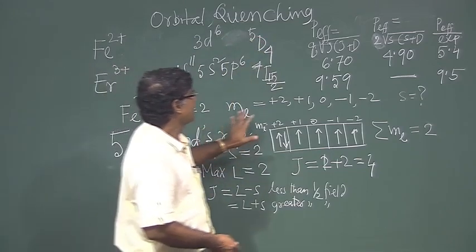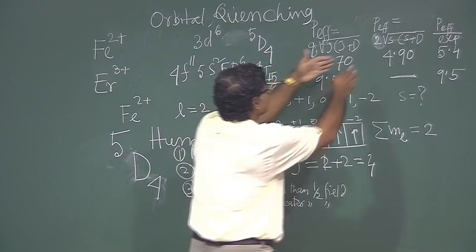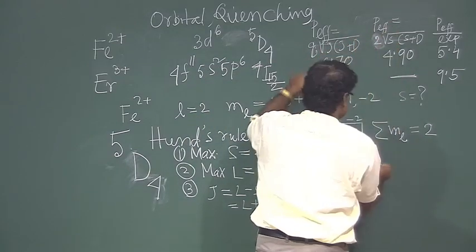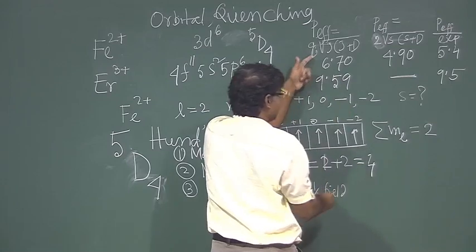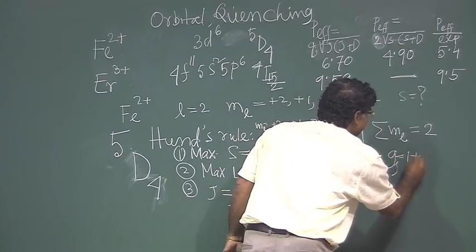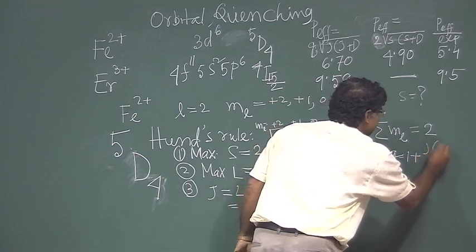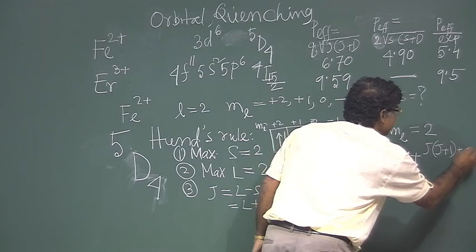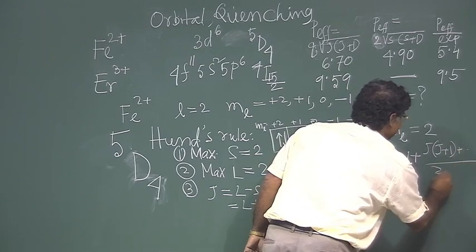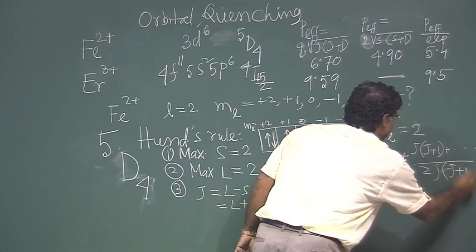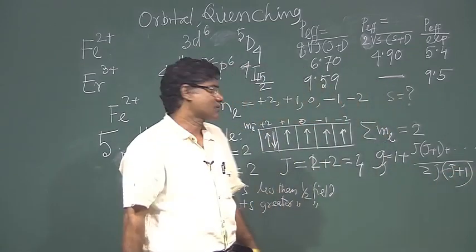Now you see this P effective for J is GJ, so one has to calculate what is GJ. It involves J plus 1 and S plus 1, and so on.